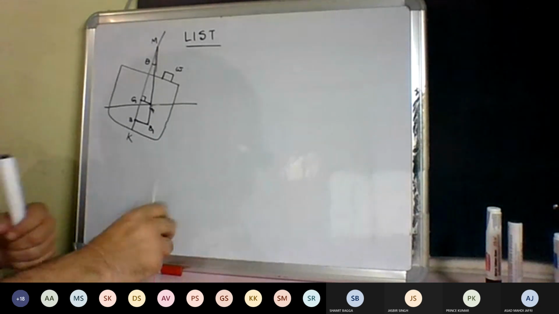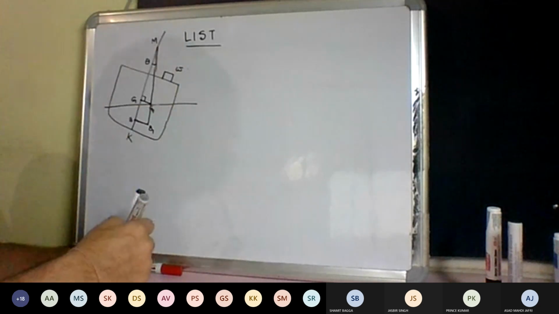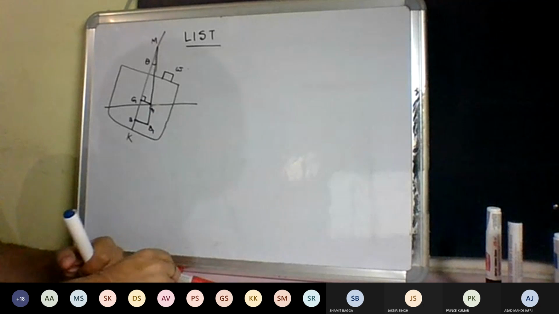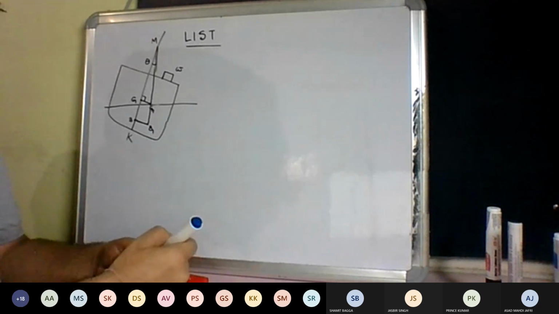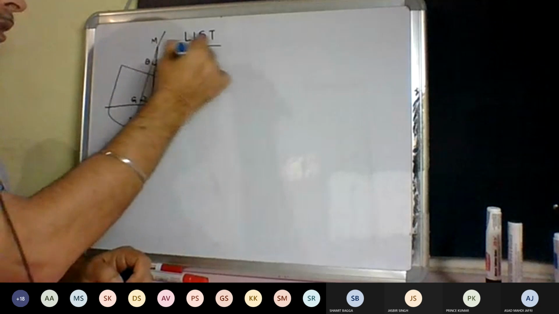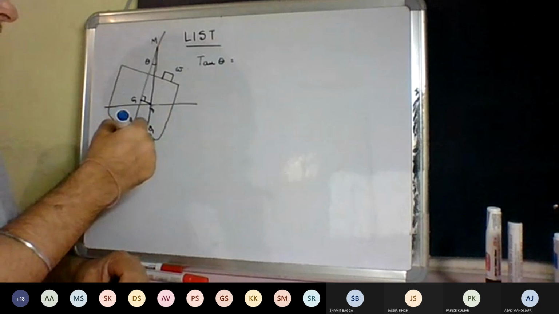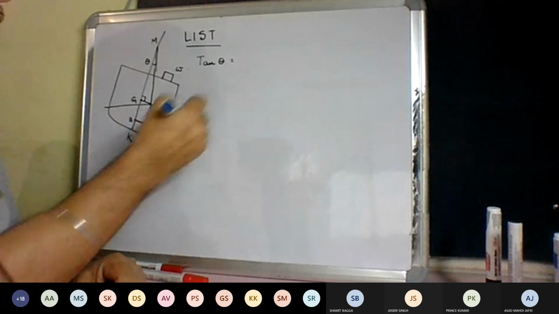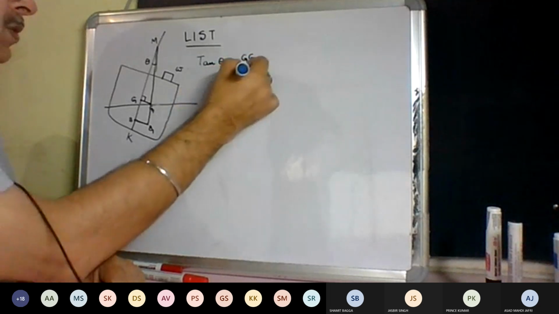How is this GG1 different from the righting lever? The righting lever is perpendicular to the B1M line. That is the difference. GG1 is perpendicular to the original KM line. Now the list, which is theta: tan theta is equal to perpendicular over base.